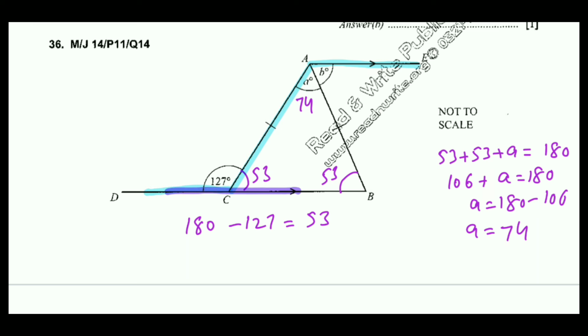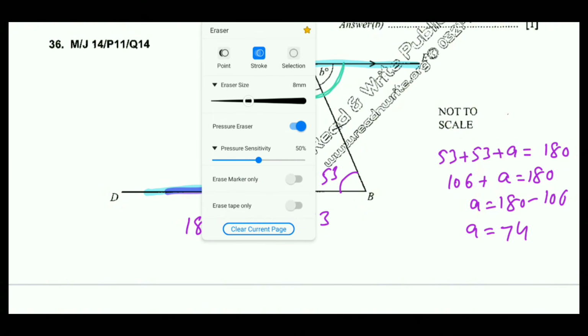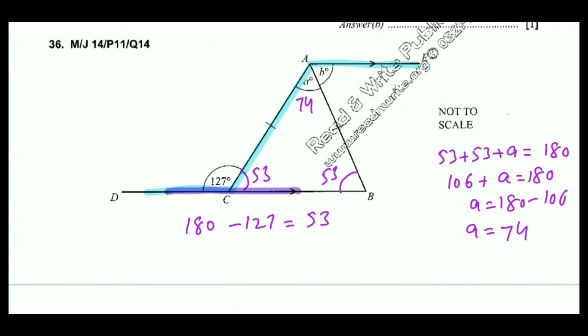This is a Z. So if this is 53, this whole angle will also be 127. This angle 127 and this angle will be equal.